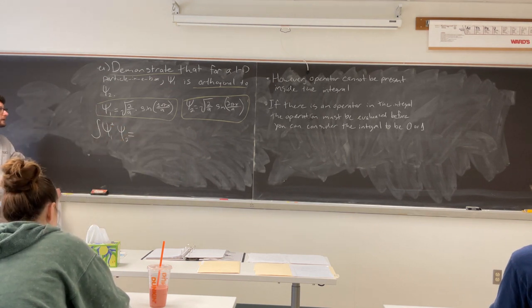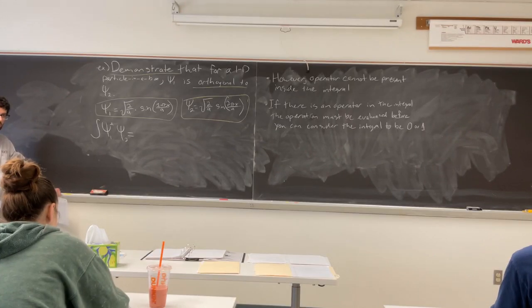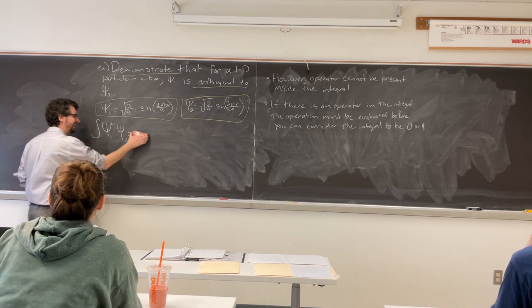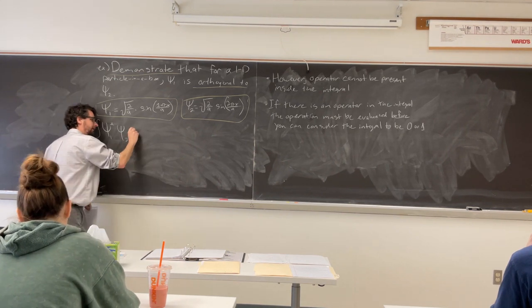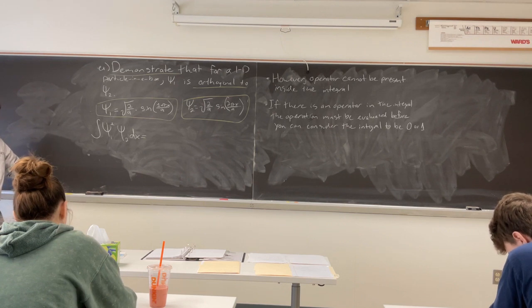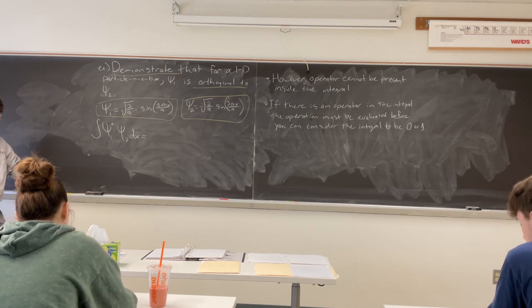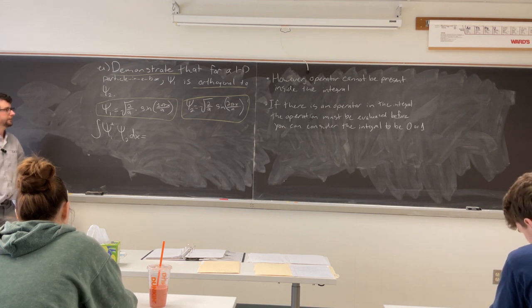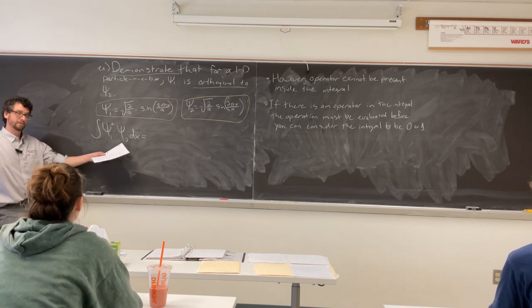We want to demonstrate that they are orthogonal to one another. So what should the value of this be? What does that have to be equal to if they are orthogonal? Are they the same function?